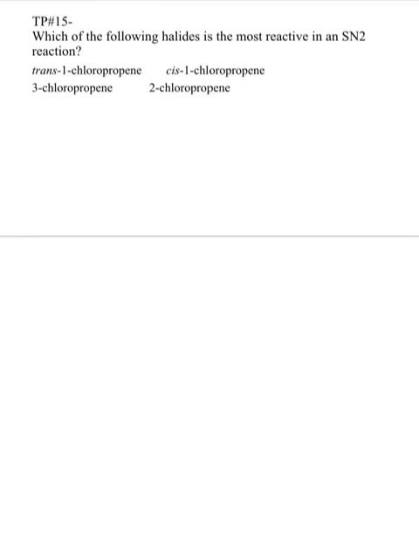Okay, which of the following halides is the most reactive in an SN2 reaction? Well, you need to know a little bit about SN2 reactivity. So I would look at page 215, and it talks about alkyl halides for SN2 reaction. So alkyl halides such as CH3I, iodomethane.